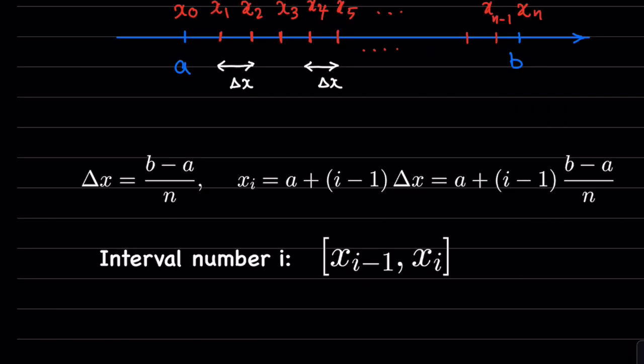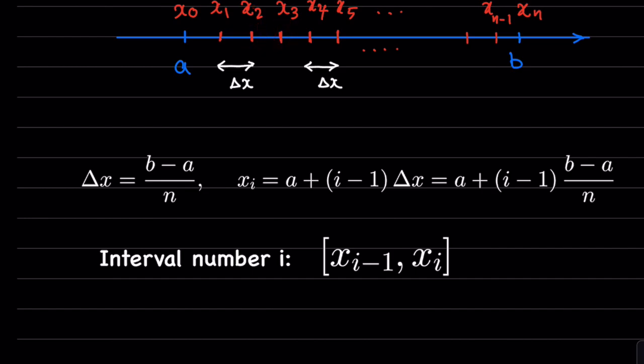And if you want to do that in a more general setting, you will have a sequence of endpoints. x0 is going to be the starting point. x1 is going to be the next point that you get in the sequence. And x2 becomes the third point, x3 becomes the fourth point, and so on.